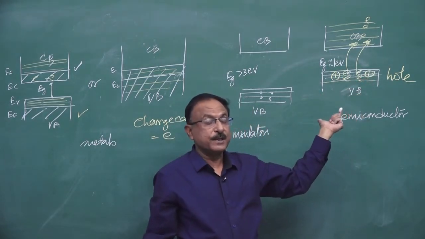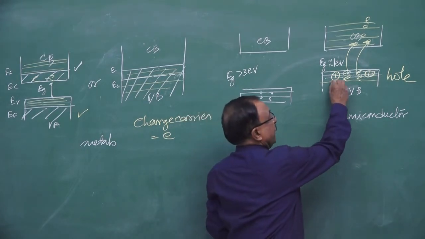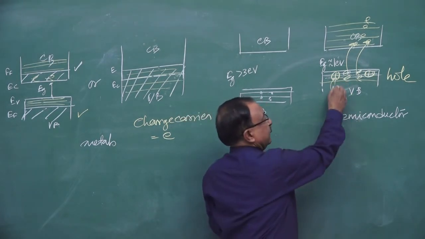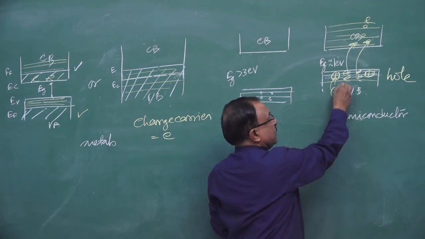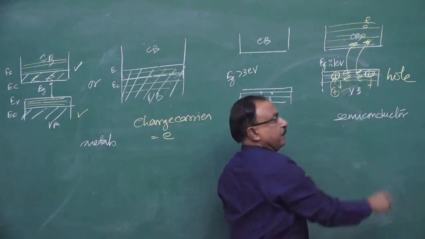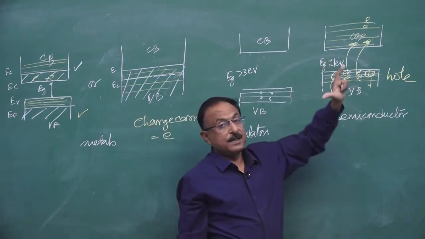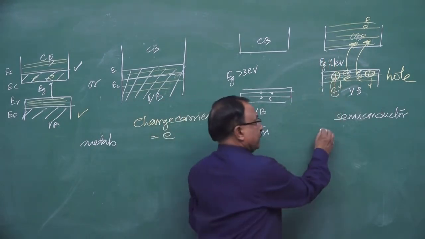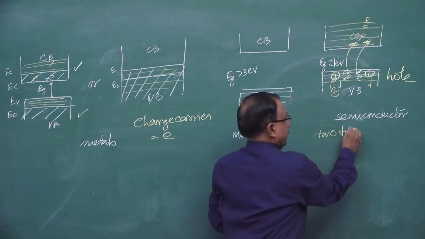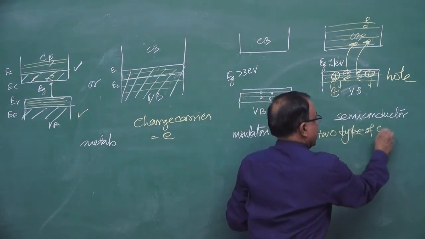Now how can these holes move? An electron from a lower energy level may come over here and occupy the hole, and the hole may shift down deeper in the valence band. So simultaneously in the semiconductor, there are two types of charge carrier.